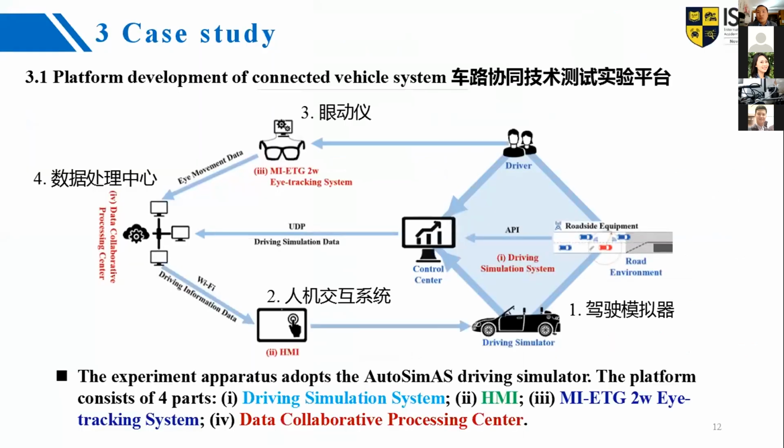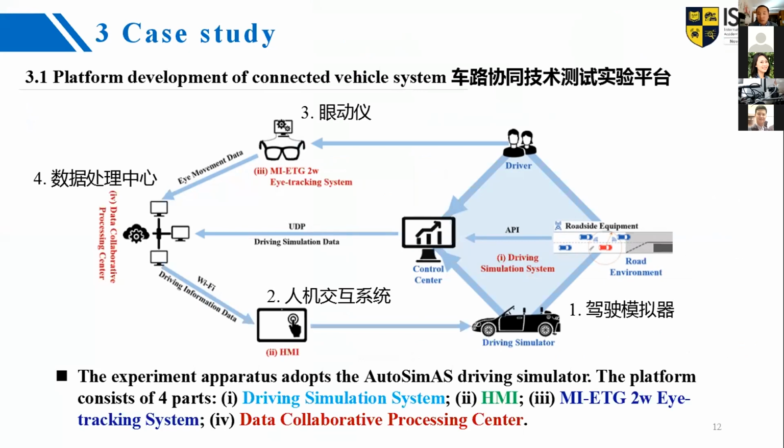Firstly, how to develop a platform in a connected vehicle environment. As we can see, the platform consists of 4 parts. 1 is driving simulation system. 2 is HMI, which is human machine interface device. 3 is eye tracking system. 4 is data processing center.